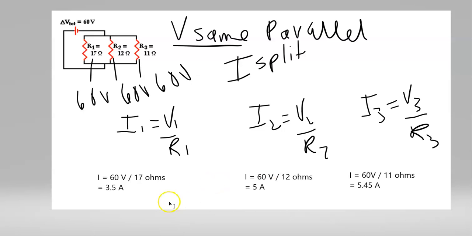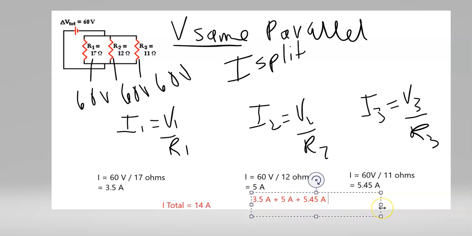Like I said, we can always check to make sure things work out. My total current, if you remember, was 14 amps. So I can check here and make sure that it adds up to 14 amps. My first one was 3.5 amps plus 5 amps plus 5.45 amps, which is 13.95 amps.